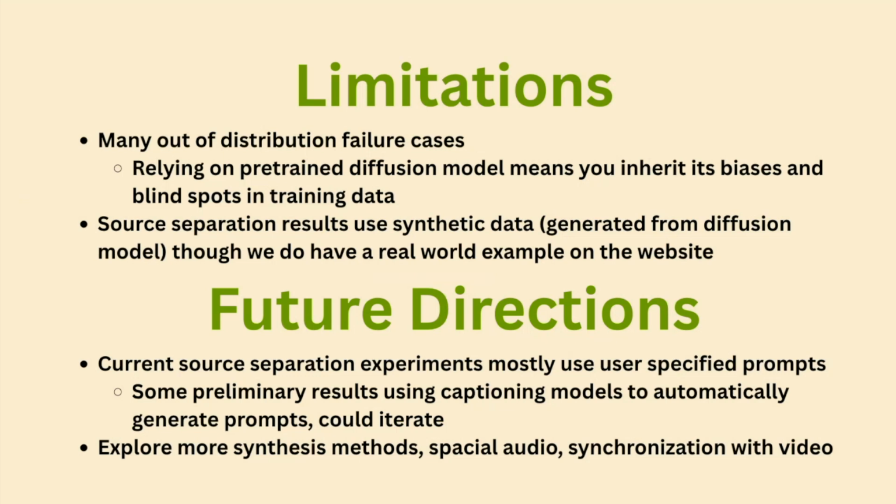Okay, what else have I got left here to say? Just to be clear on the limitations, I already talked about the synthetic data thing, but also, we had a lot of failure cases. The really key thing here is that since you're relying on a pretrained diffusion model, you're going to inherit all the biases and all the blind spots in that diffusion model.